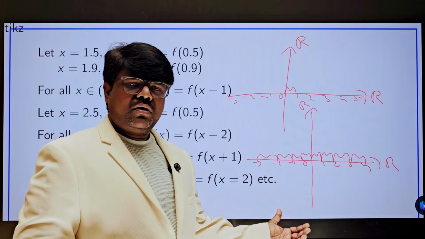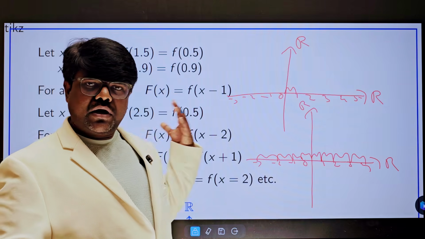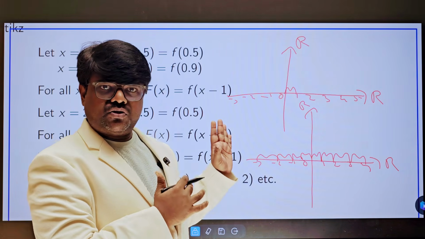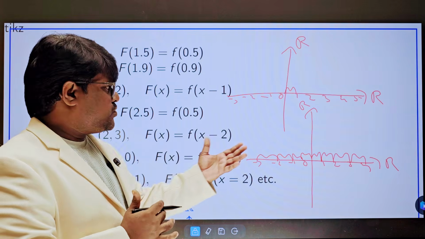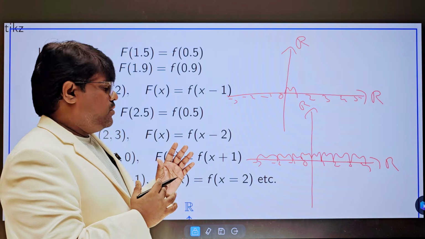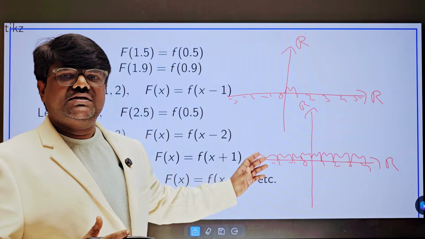So roughly I have drawn. Using these values, you can draw neatly, no problem, because I have to solve within time. That's all, I have drawn it roughly. But I think you understood this concept.